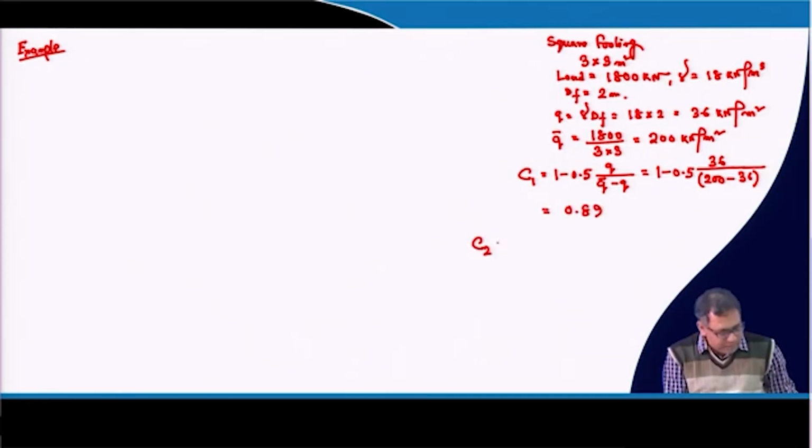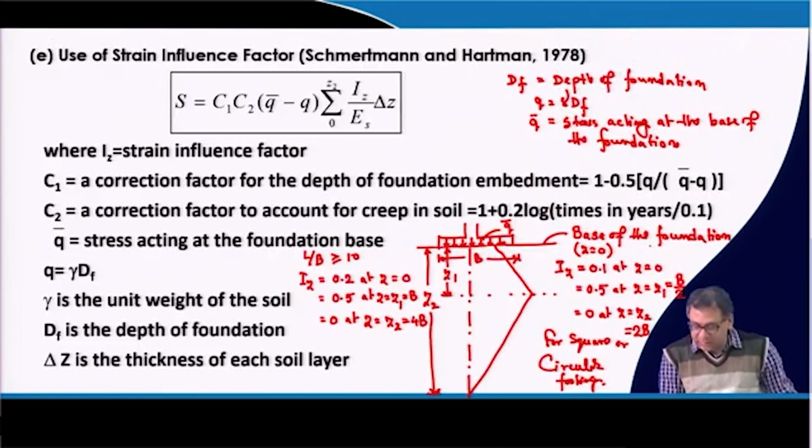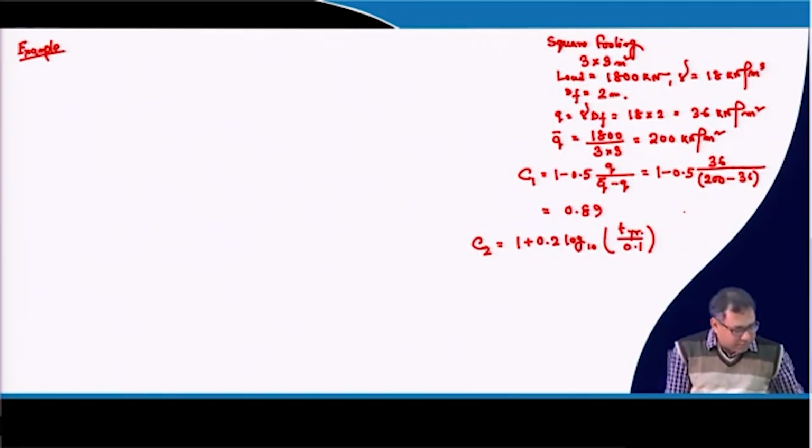Similarly, the C2 expression is given, which is due to the creep of the soil: 1 plus 0.2 log 10 of t in years divided by 0.1. For this case we are calculating the settlement for 1 year.